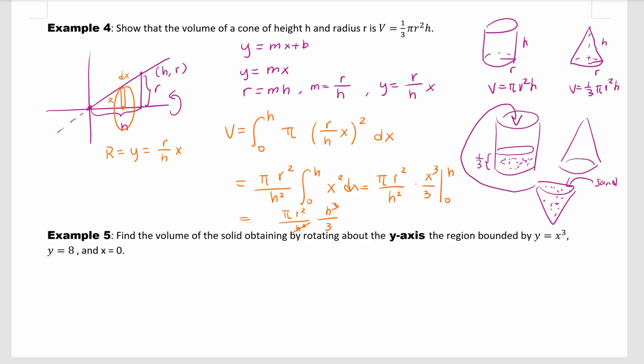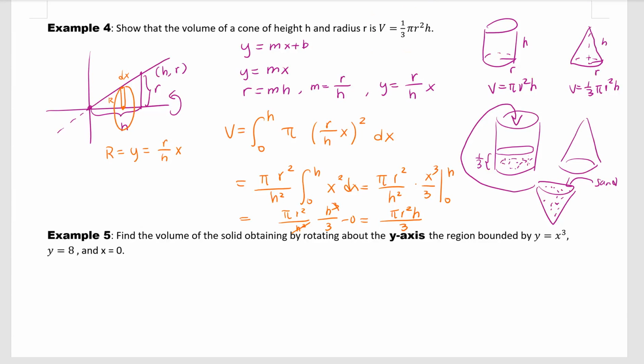You see, H squared and H cubed, they cancel, only one H left. And when we plug in 0, it's all 0. So our formula is pi R squared H over 3. That agrees with our formula. So this is the proof.